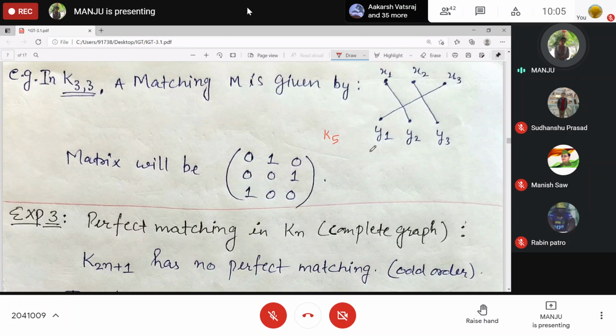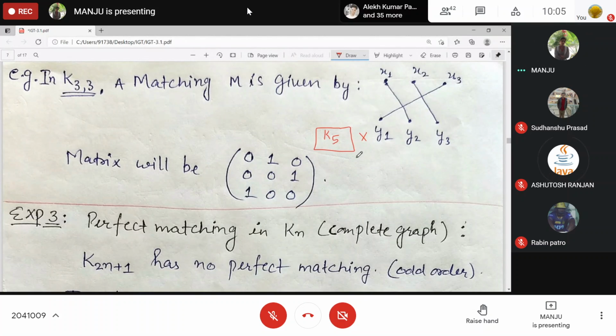What do you understand by perfect matching? No, ma'am. Why not? Because there is an odd number of vertices.